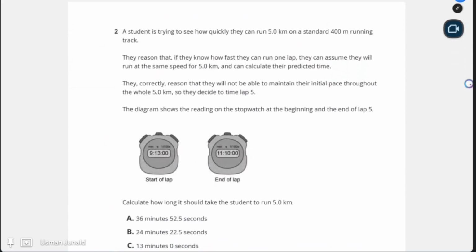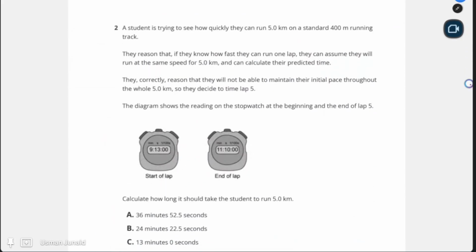A student is trying to see how quickly they can run 5 kilometers on a standard 400-meter running track. They reason that if they know how fast they can run one lap, they can assume they will run at the same speed for 5 kilometers and calculate their predicted time.